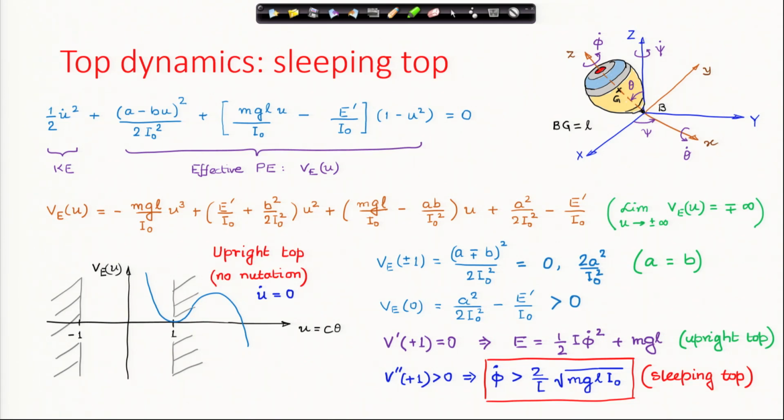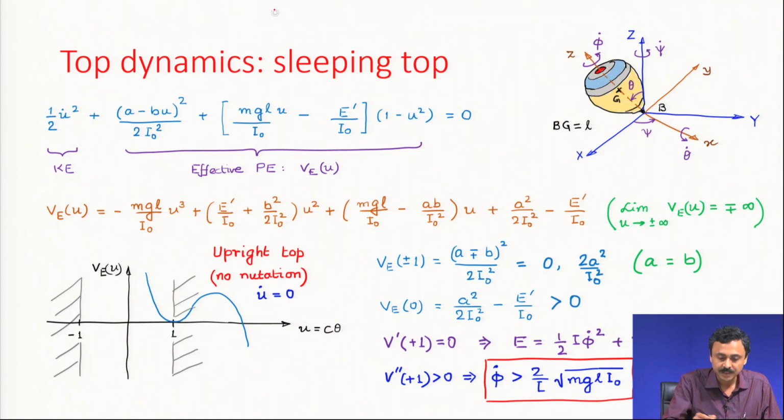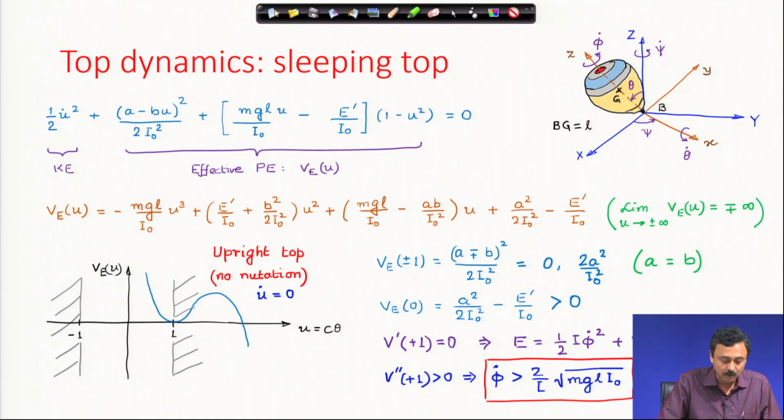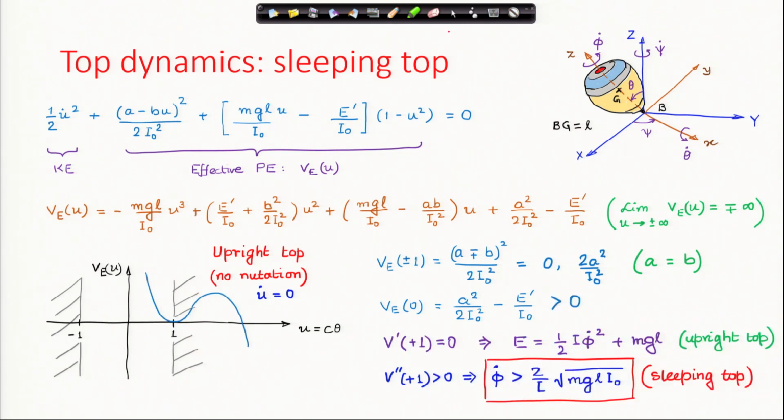It appears absolutely stationary, the top has its axis vertical, it is as if it is sleeping. So we call it a sleeping top, and this is a stable sleeping top. If you again take that analogy of the particle in a convex dish, if the particle is left here, it will remain there, even if it is disturbed, it will come back to it. So if you disturb this sleeping top, it will again come back very quickly to its vertical position, but for that the spin has to be greater than this quantity, which you can determine.